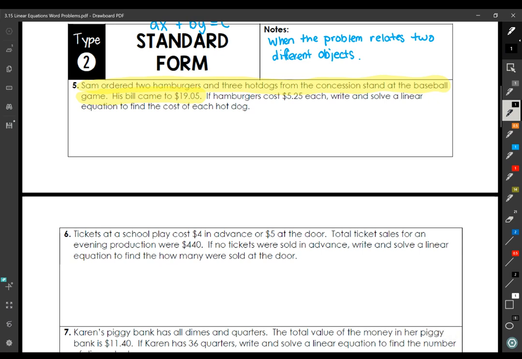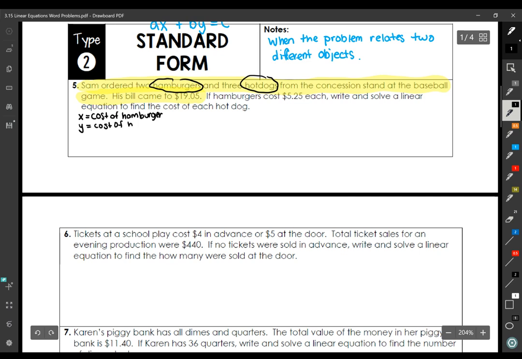So here we're relating the price of hamburgers and the price of hot dogs. It doesn't particularly matter which variable we assign to x or y in this scenario. So I'll just go with x is going to equal the cost of a hamburger, and y will be the cost of a hot dog.